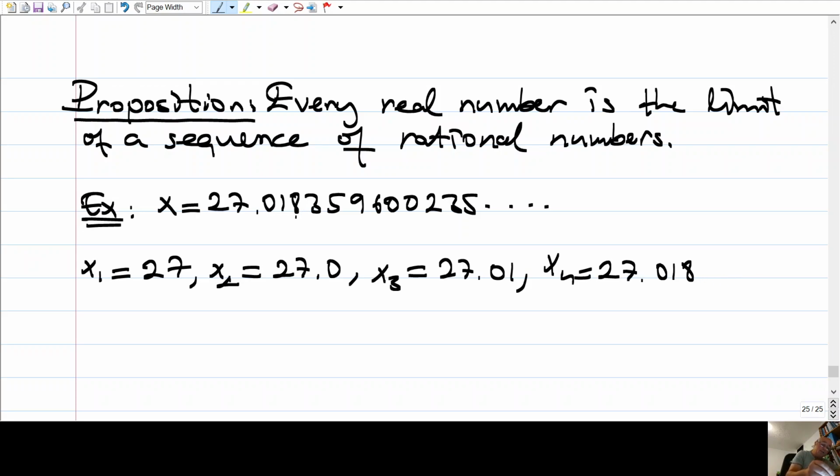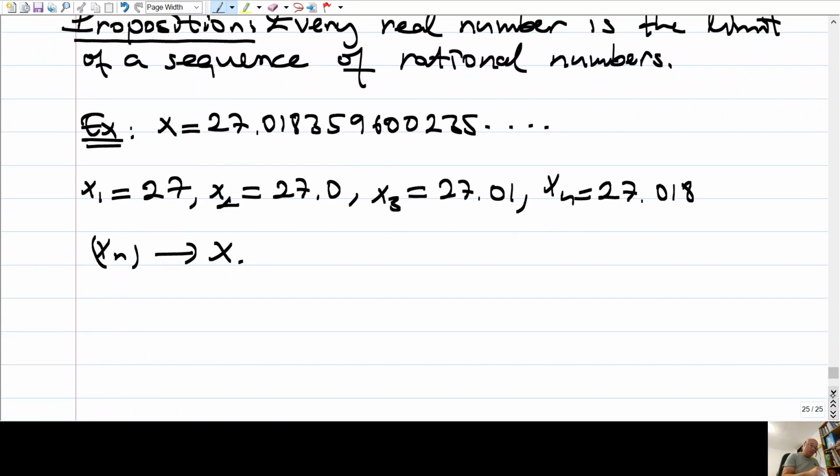Each time I take another digit from the decimal expansion of the real number. By construction, all these are rational numbers, and you just keep taking more and more digits from the decimal expansion of x, and clearly the sequence xn will converge to x.